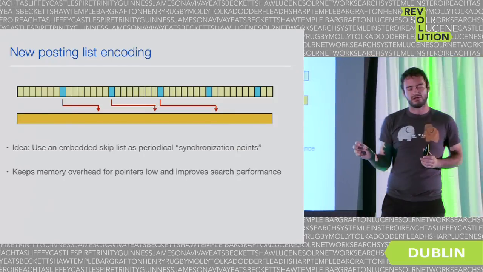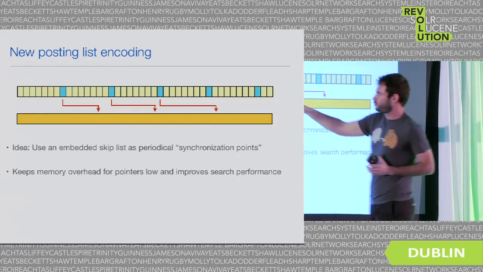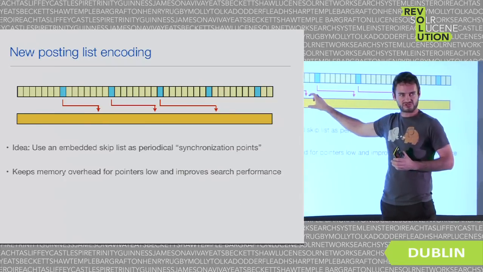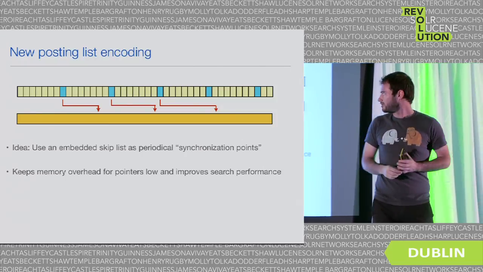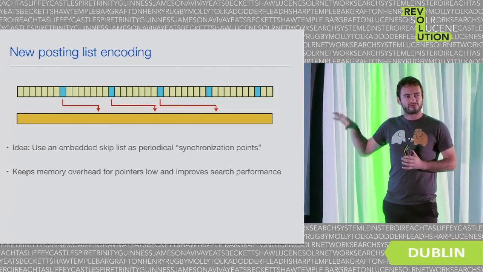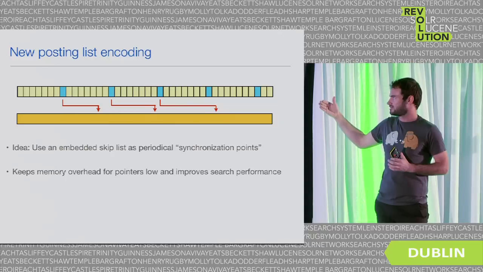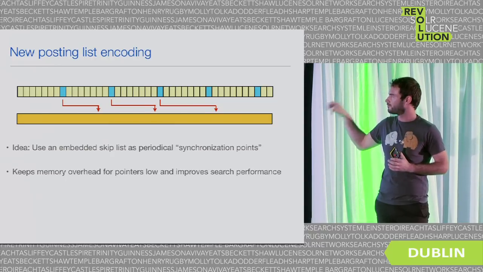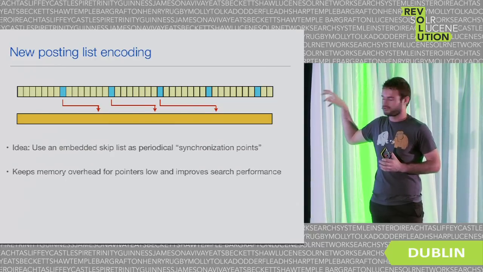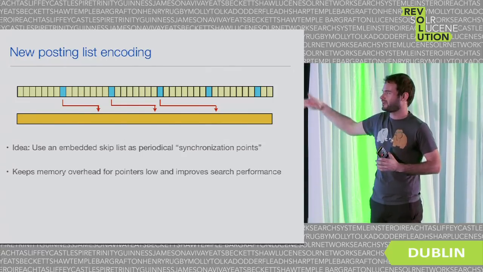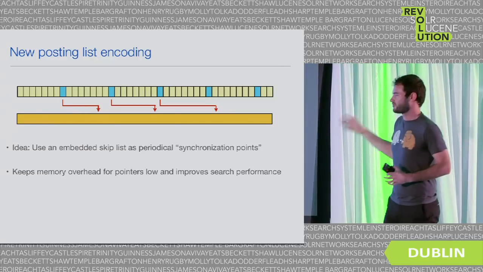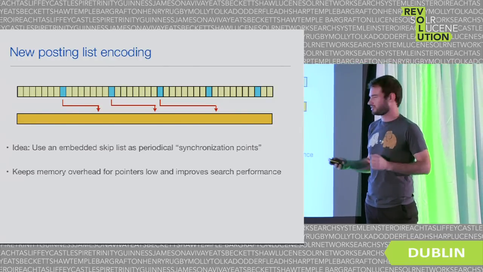A skip point contains a pointer to where in the position payload stream the corresponding section starts. And the cool thing is that we don't need too much space to encode all the pointers, but we have them regularly enough so that it's performant enough.